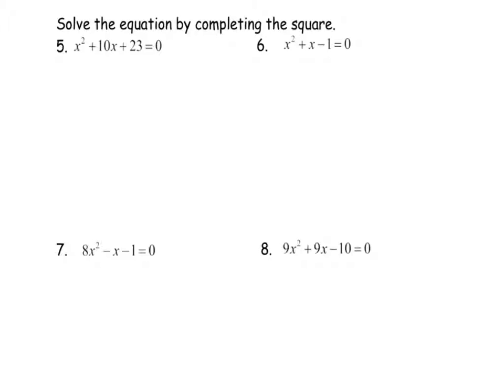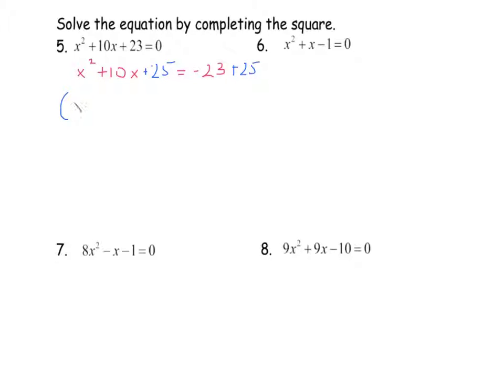So the first thing I will do is move my constant term to the other side. And then I'm going to figure out what my blank value will be, which is half of 10 squared. So it's going to be 5 squared, which is 25. And then I have to add that to the other side also.